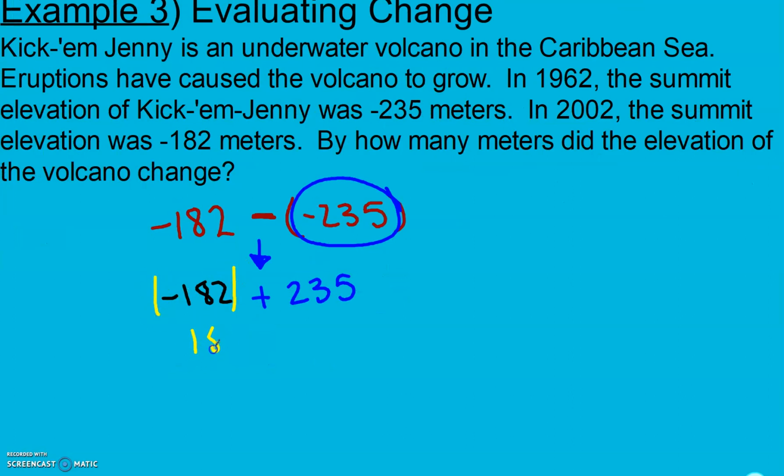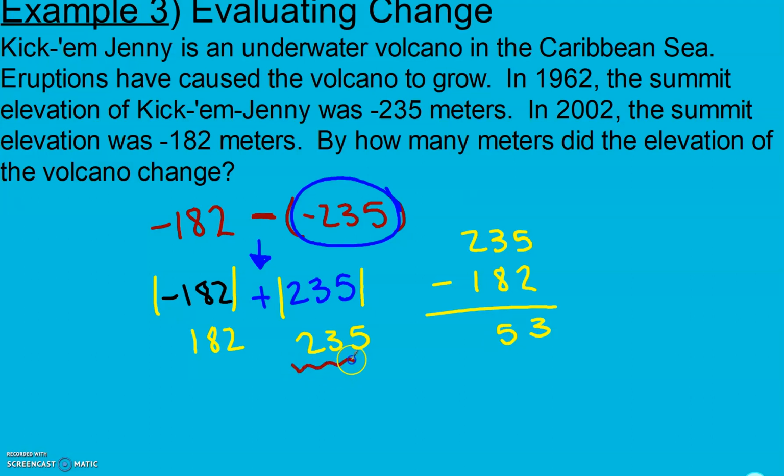I take my absolute values. I had different signs here, so I go ahead and subtract bigger absolute value minus smaller absolute value. And I get 53. We look at our signs. They were different. 235 was bigger and it was positive, so it's a positive 53 meters. Since it's positive, it means it went up, it grew by 53 meters. And it told us here that it has grown, so that's a good checkpoint there.